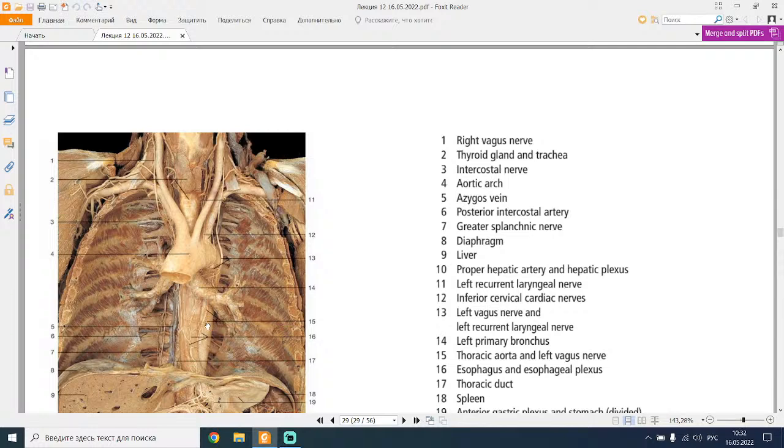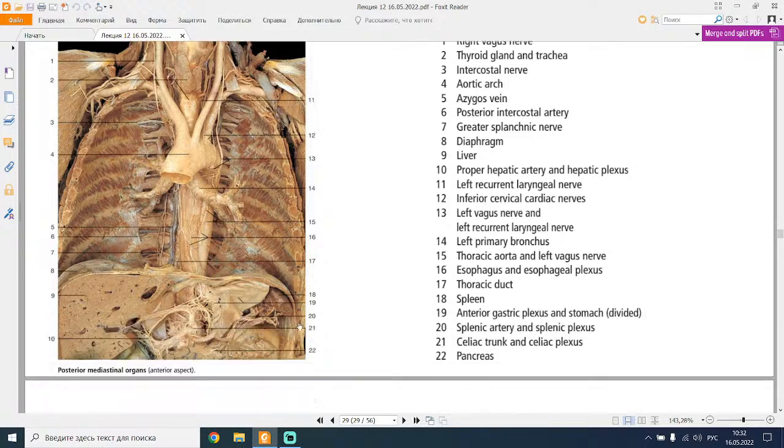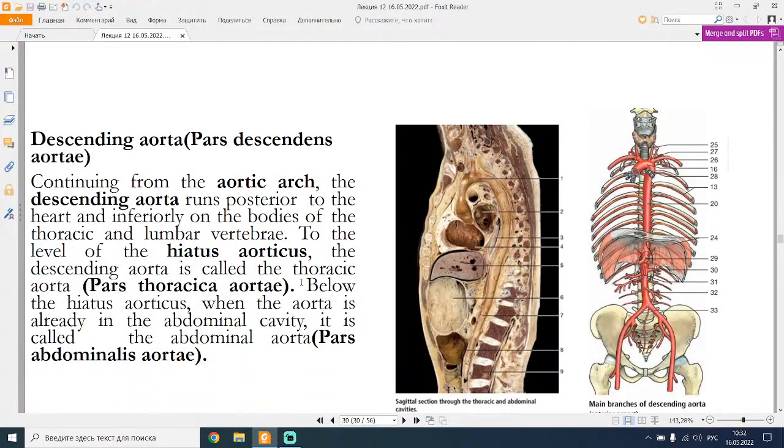And you see, this is the descendens aorta, thoracic part, diaphragma. Next part, pars descendens aortae.